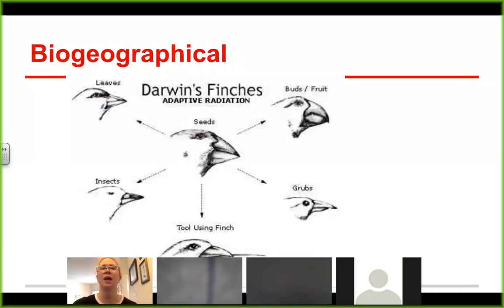They eat seeds, and they're all pretty similar in that way. On these islands, he saw all these different types of beaks that were more adapted for eating fruit, leaves, insects. He even saw finches using tools, which is crazy, picking up sticks and digging in the earth for grubs or worms, right? So all these beaks look really similar, but they're slightly different, right? You can see more curve, more point, etc.